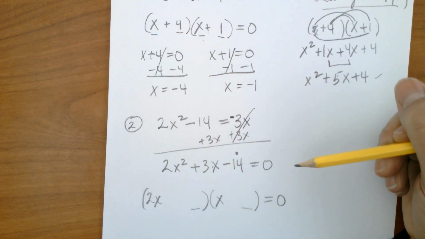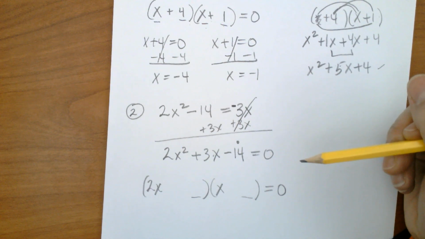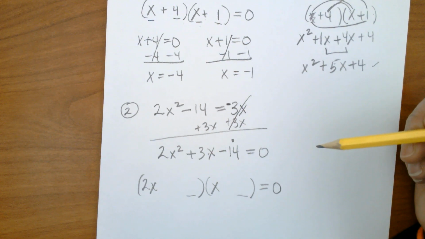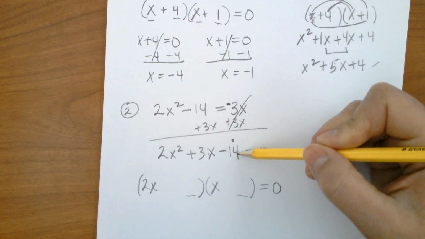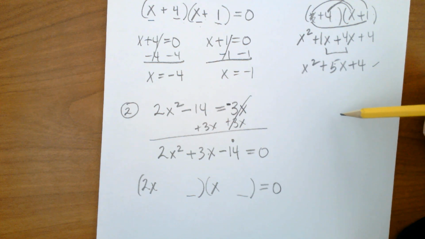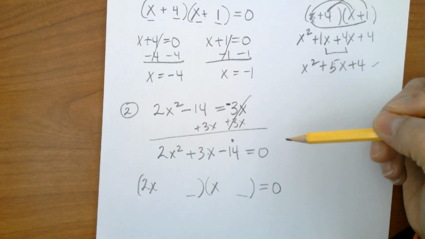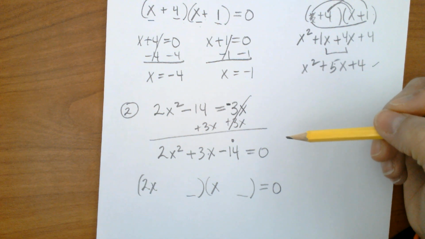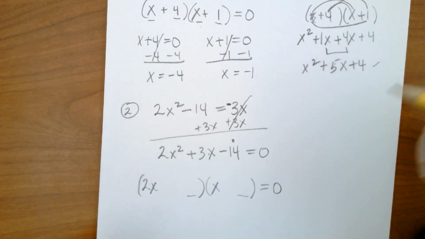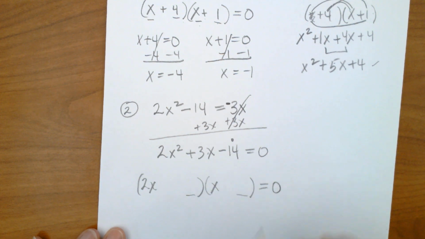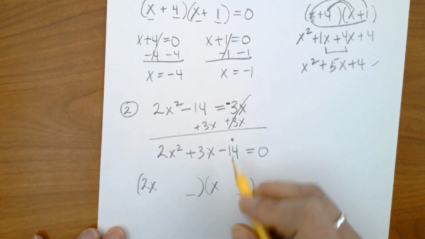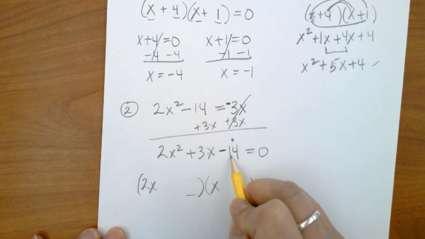I'm not going to go through all of those ways. This is just practice. So I'm just going to be looking at the multiplication and guessing and checking. Teaching you those other ways is a whole other video. So we're just going to see and practice. So we have to multiply to a negative 14.